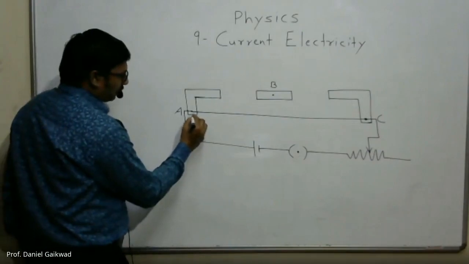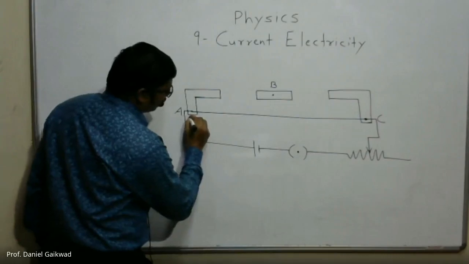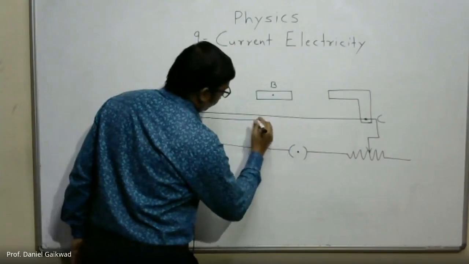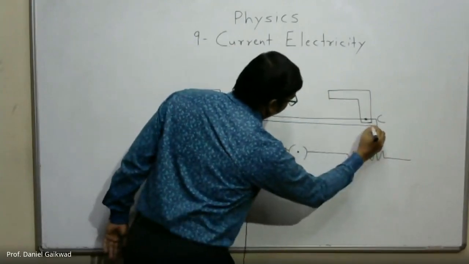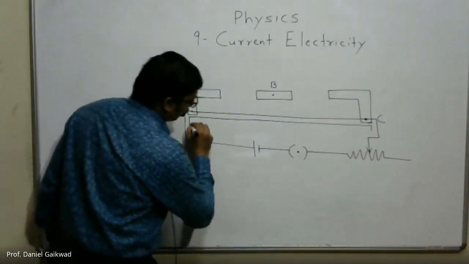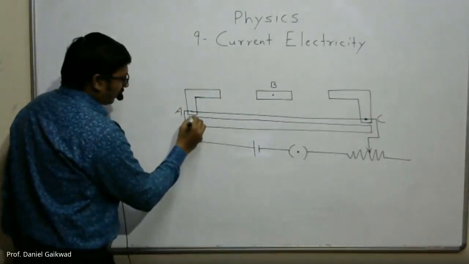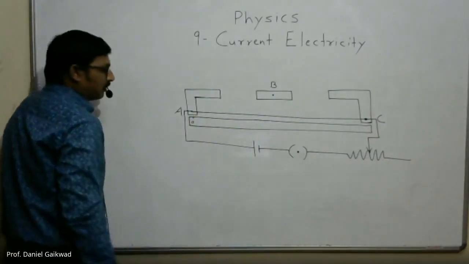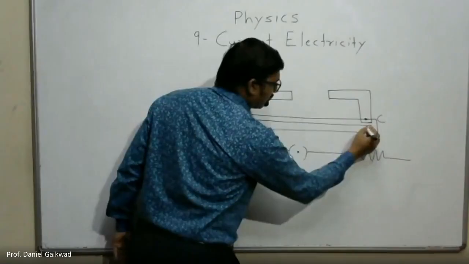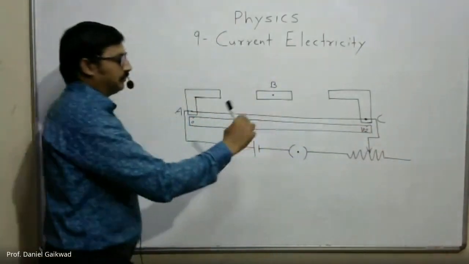For measurement of length, we fix the measuring scale. So this is the meter scale fixed with the 0 at point A and the 100 centimeter at point C.